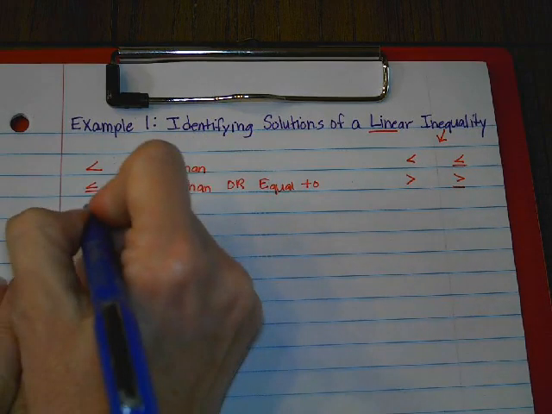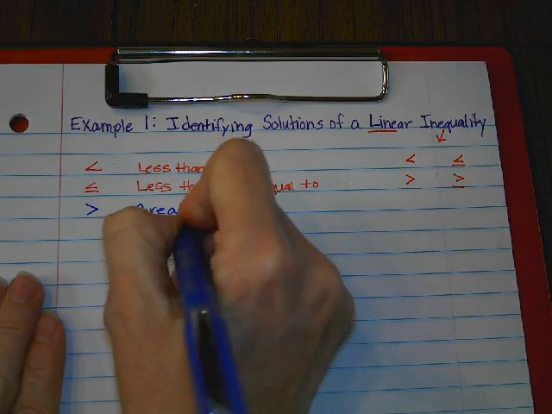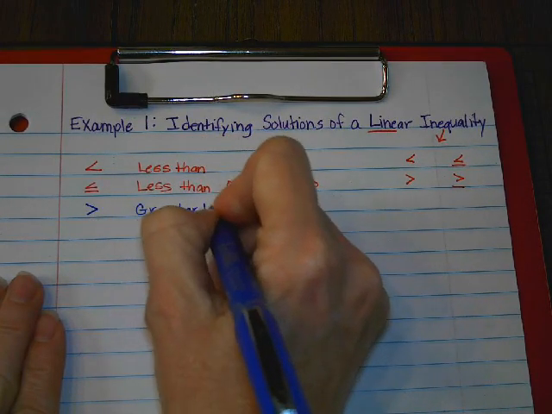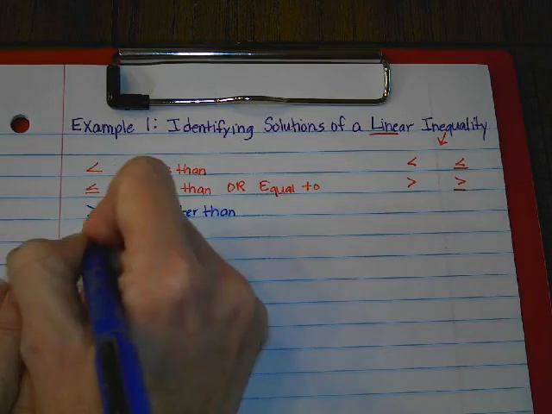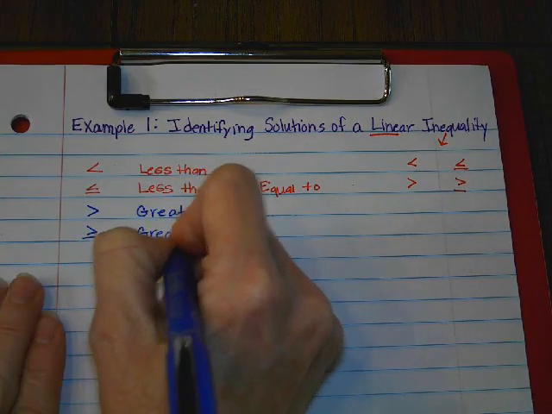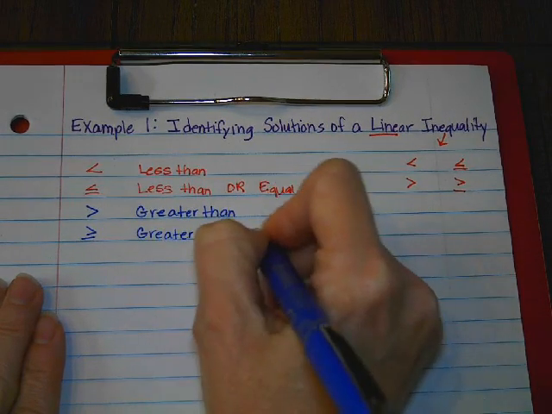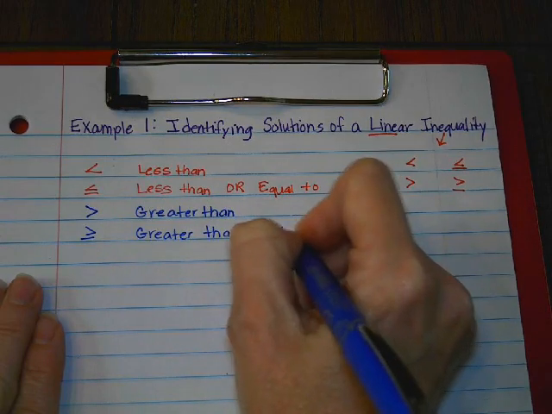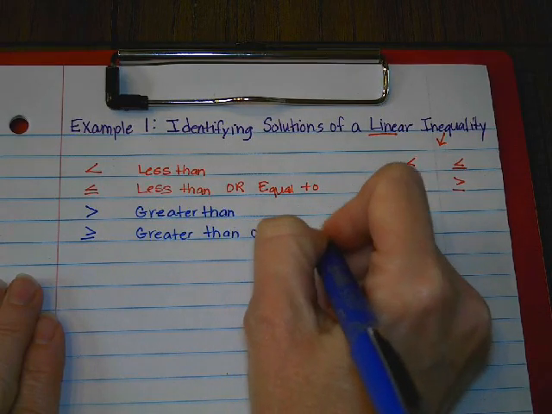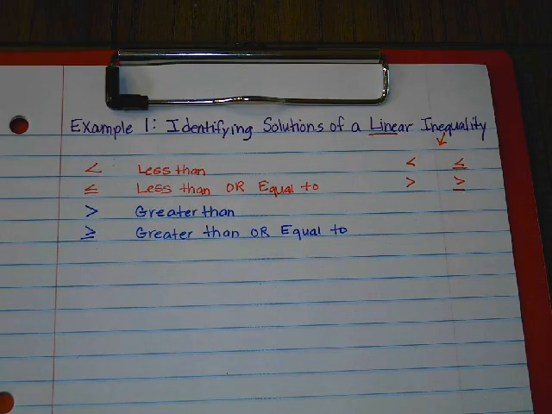We'll do greater than. And then we'll do our greater than or equal to. All right, so here we have our 4 inequalities.